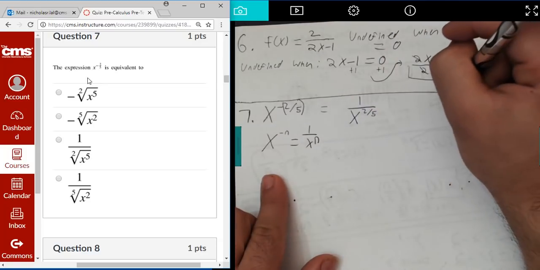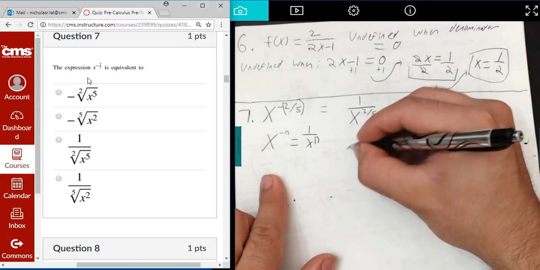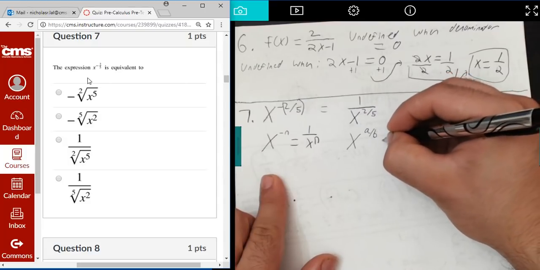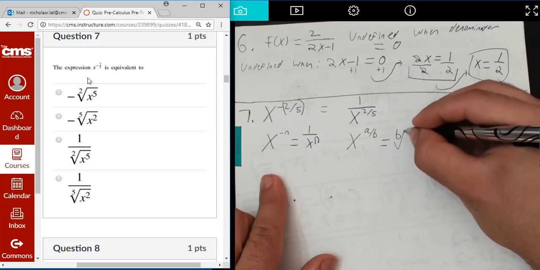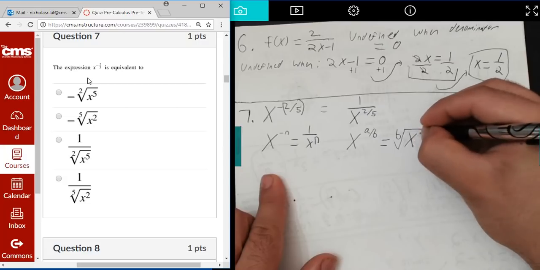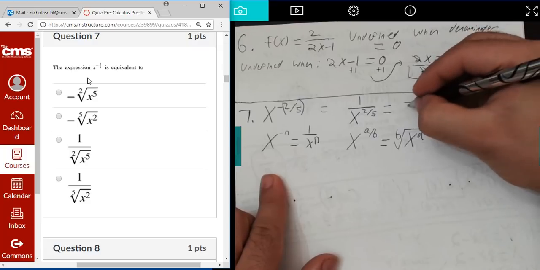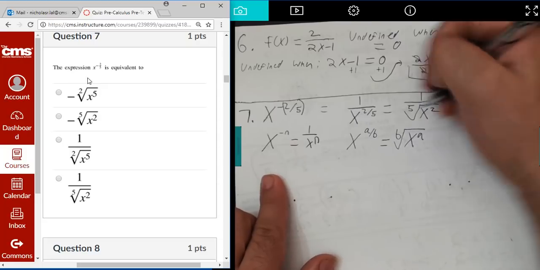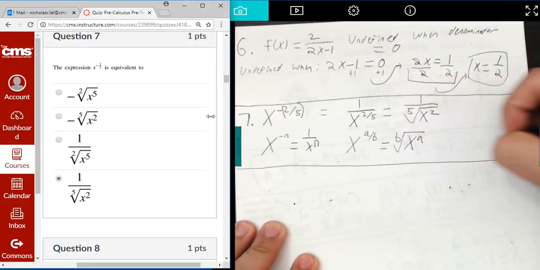And then we can also say, for the law of exponents, that x to the a over b is equal to the b root of x to the a power. So this is equal to 1 over the 5th root of x squared. And that's going to be option D. Alright, that's 7.